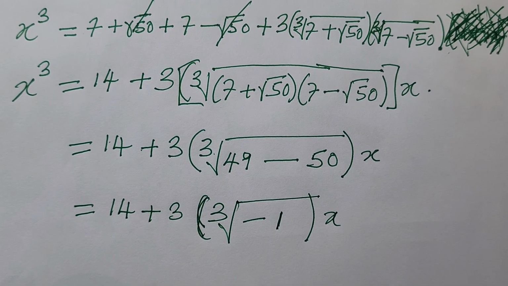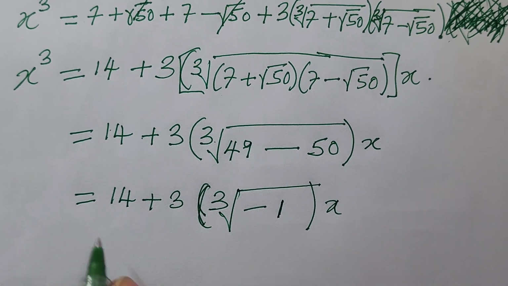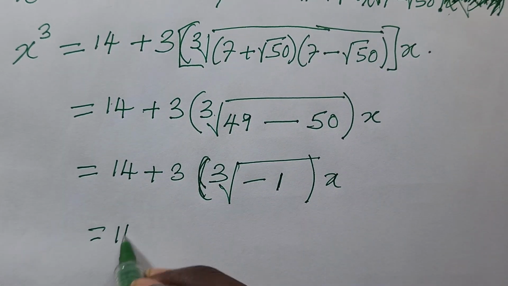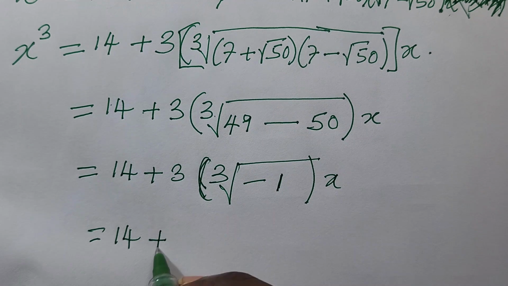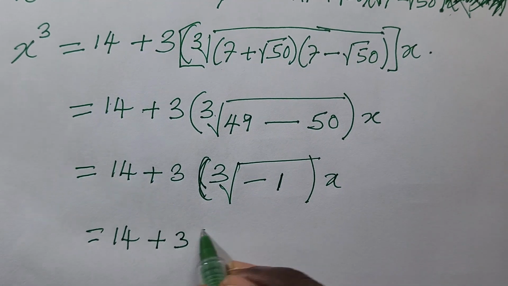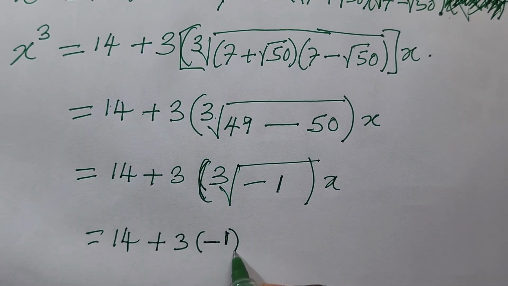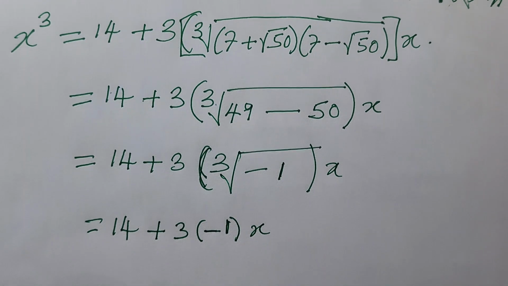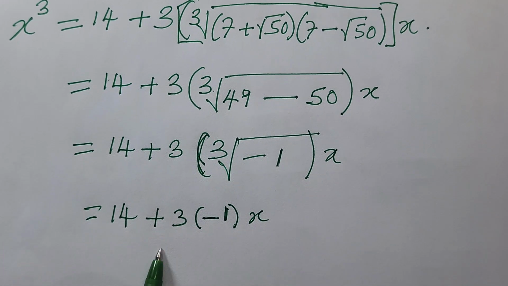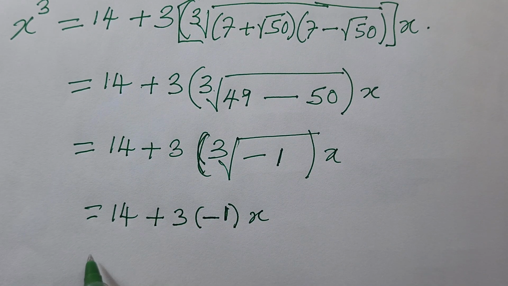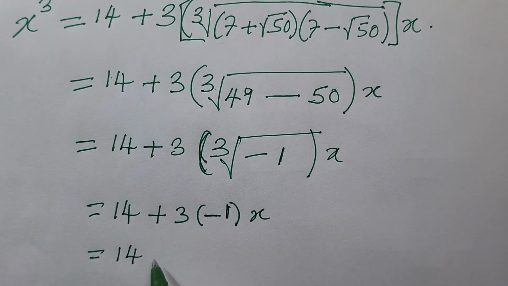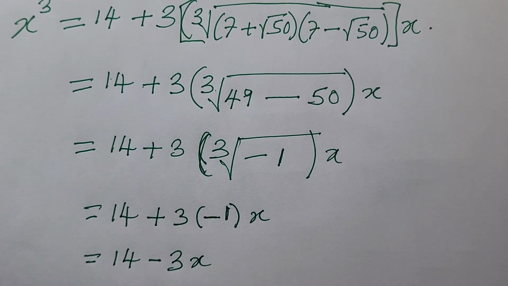Cube root of minus 1 will give us minus 1. So this will now give us here our 14 there plus our 3 into minus 1 into our x. So if we open up everything here, this will give us minus 3x. So this is going to give us here our 14 minus 3x.